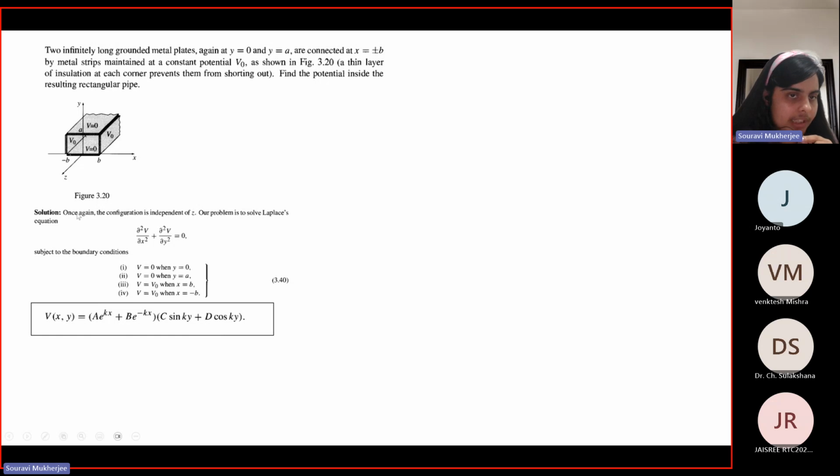Let us start with the fact that there is a symmetry in the x direction. What does it tell us? How do we include that symmetry in our solution here? How should this A, B, C, D vary, because at x equal to b and x equal to minus b, the potential is the same? Any idea?